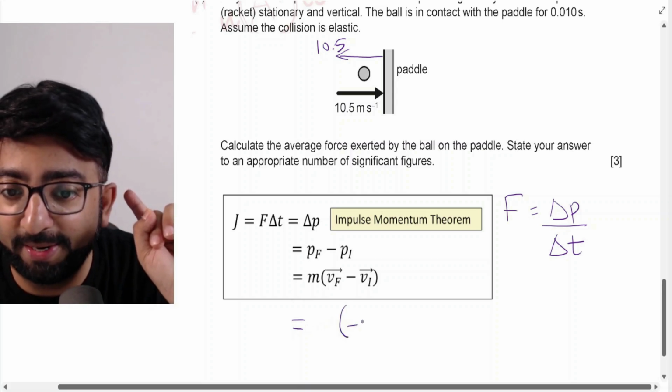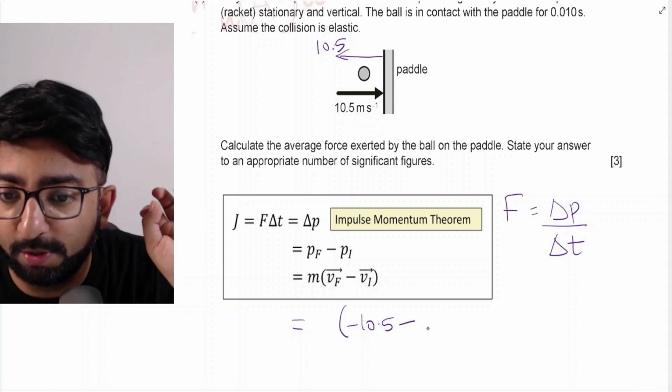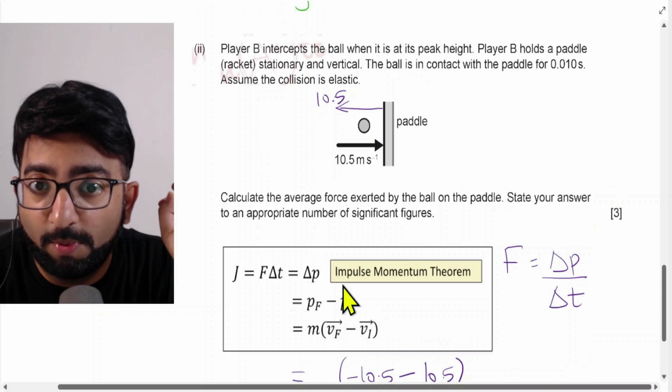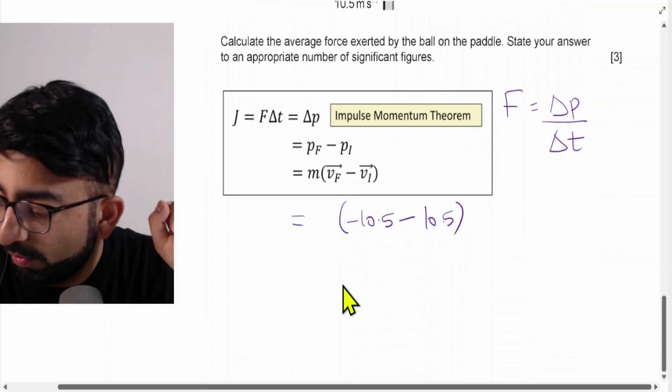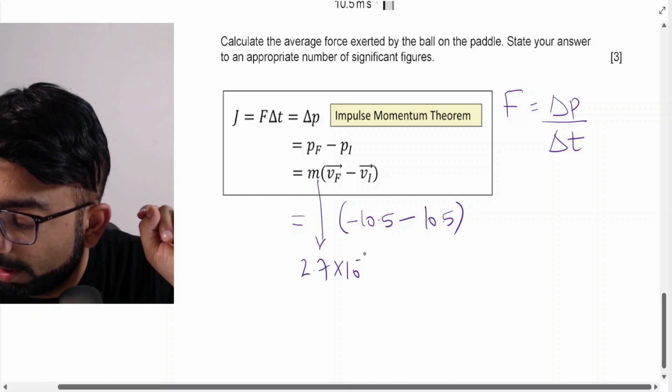In the bracket, we write negative 10.5 minus the initial velocity, which is 10.5 towards the right, so positive 10.5. And we have the mass. What's the mass of the ball? It was 2.7 grams. So instead of m, we write 2.7 times 10 to the power minus 3.